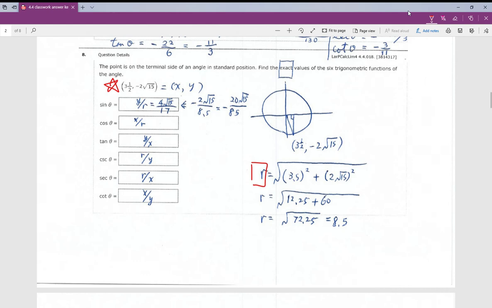Not easy to calculate, but surprisingly, after you reduce, r is a pretty nice number, 8.5. Now same thing, you follow the formula. I just list it here for you. Opposite over hypotenuse, adjacent over hypotenuse. You can do it however you feel comfortable.